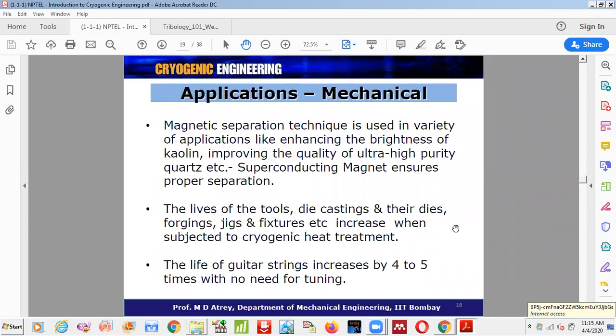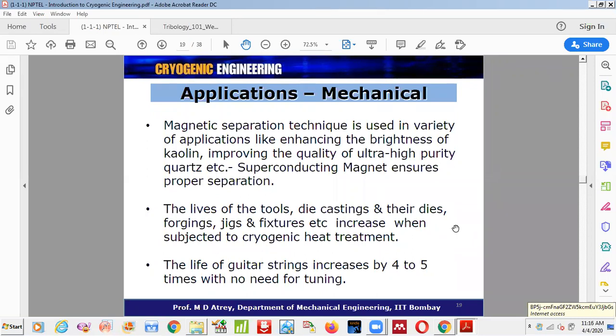Then the magnetic separation technique. This is one of the methods that has been used. Magnetic separation technique is used in a variety of applications like enhancing the brightness of kaolin, improving the quality of ultra high purity quartz, etc. Superconducting magnets ensure proper separation.